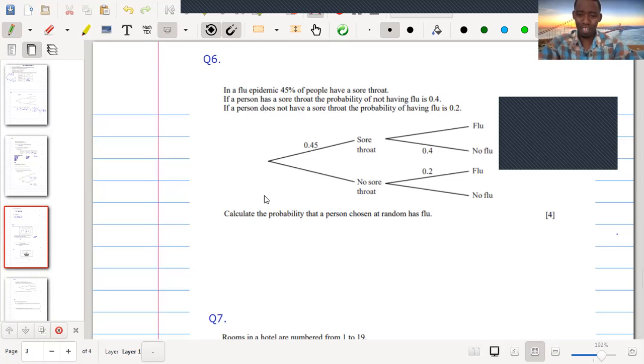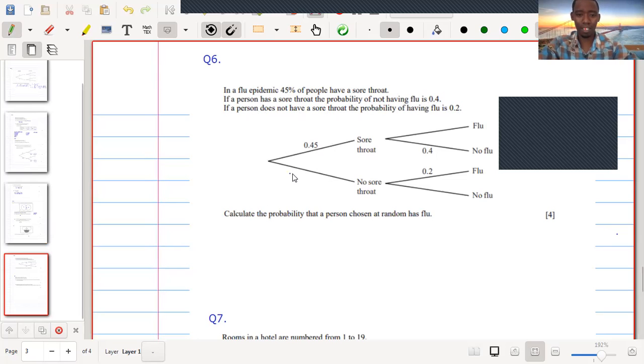Now, let's complete this one. Like here, 0.45. What should be this data here? I simply take 1 minus 0.45. Then I get my answer, which is 0.55.